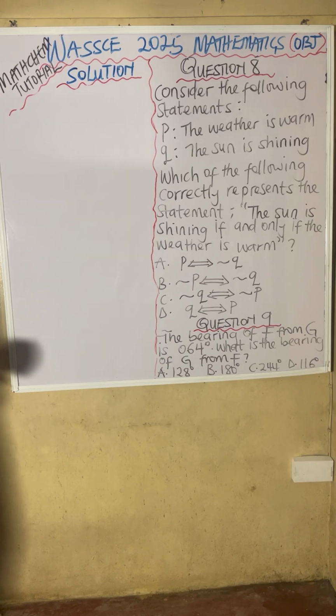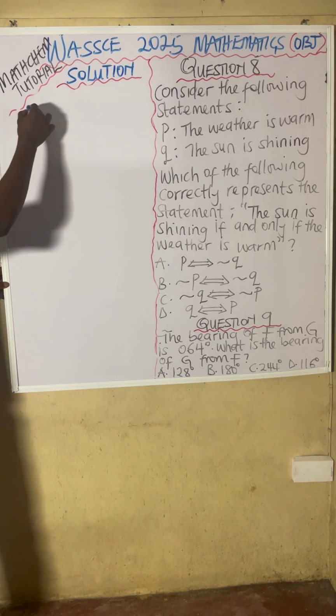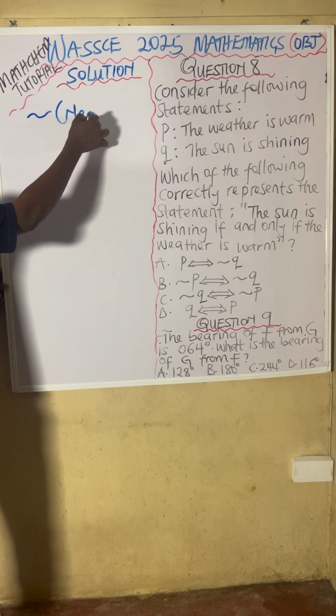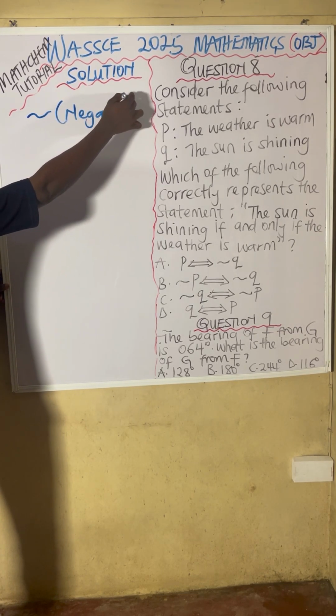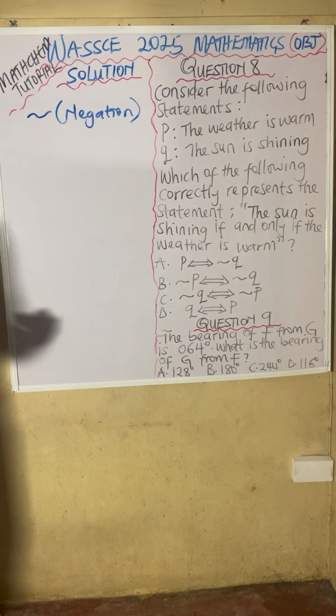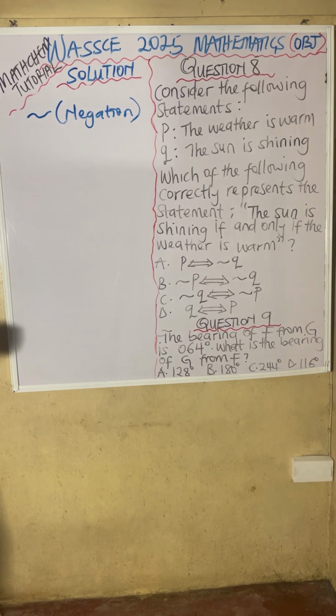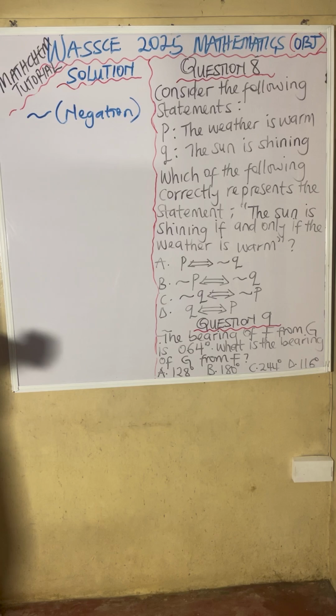Okay, now let's look at the options. Option A says that P implies negation of Q. This symbol means negation. That means negative, like opposite. So P implies opposite of Q, or negation of Q. That's for option A.